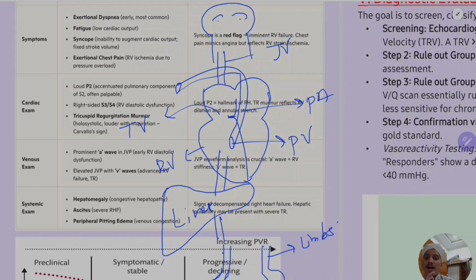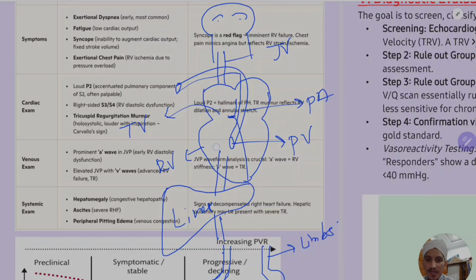Whenever there is pulmonary hypertension, the first thing which happens is a rise in the right heart pressure. The first thing which is going to happen is that during systole, the pulmonary valve and aortic valve will open.